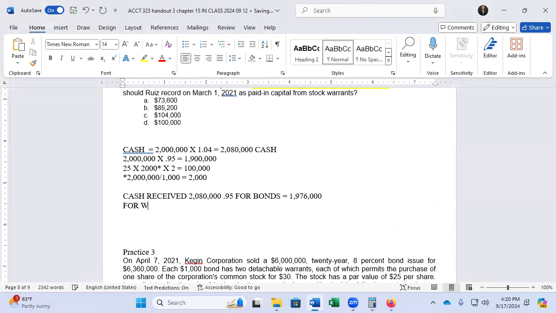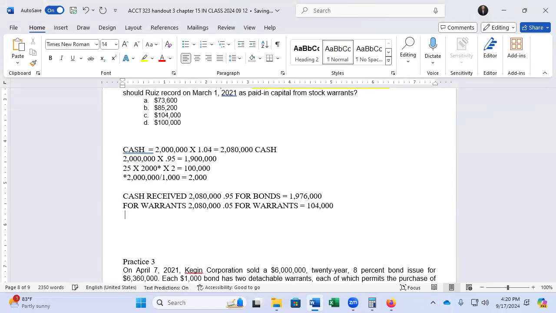And then for warrants, 2,080,000 times 0.05 is $104,000. 2,080,000 is the total there, so we're good.